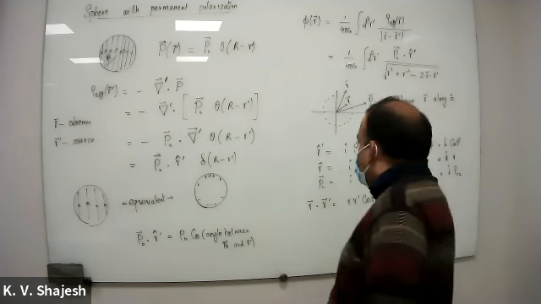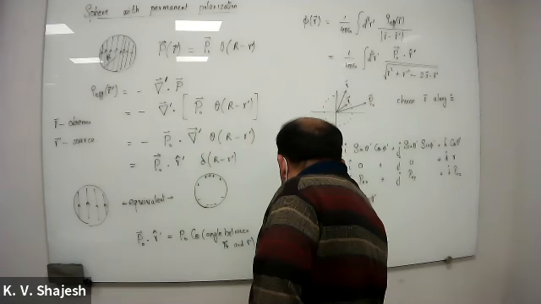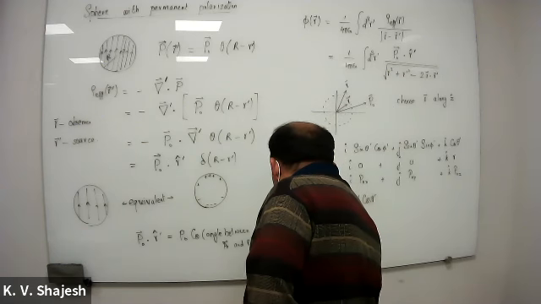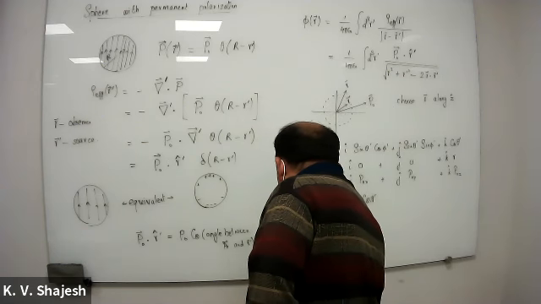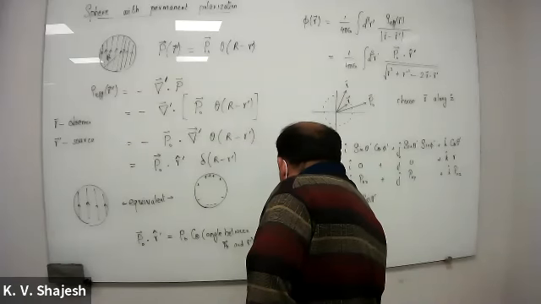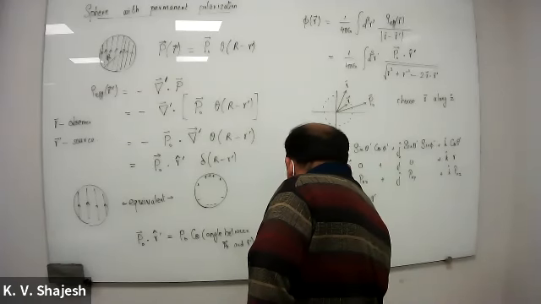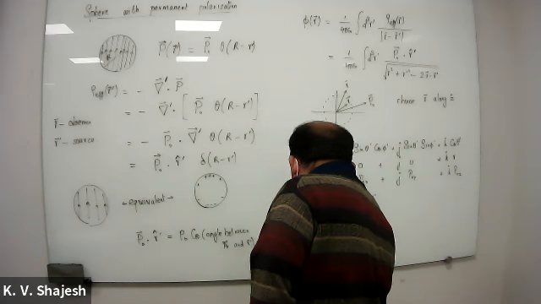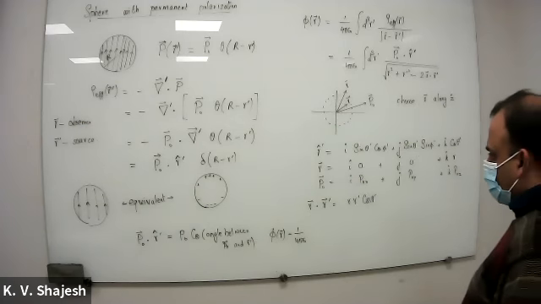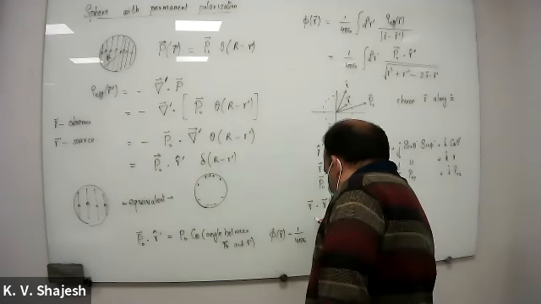So our integral is phi of r equal to 1 over 4 pi epsilon naught times integral.